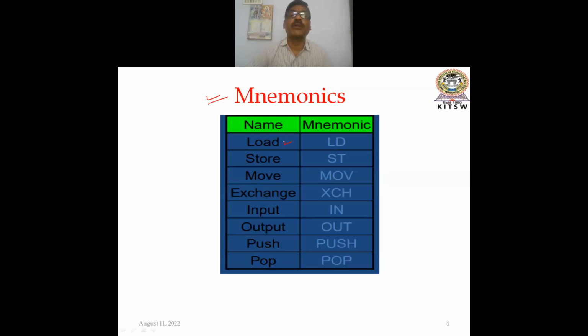For example, for the load and store machine instructions, the mnemonic we use is LD for load, ST for store, MOV for move, XCH for exchange, IN for input, OUT for output, and PUSH and POP. These are the different mnemonics that we can use to perform load, store, move, exchange, input, output, push and pop operations, etc.